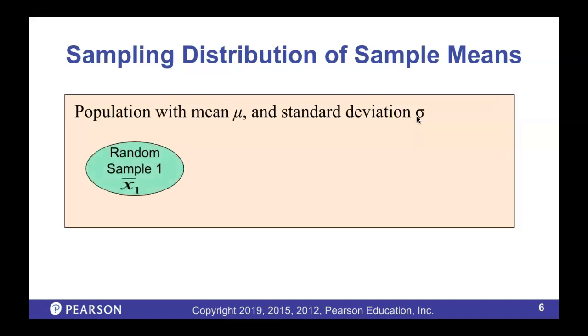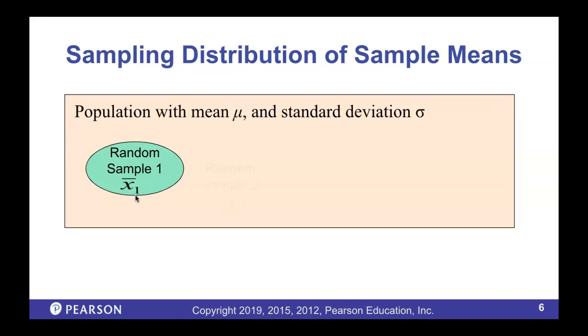And that little random sample 1 has one X bar, okay? And that X bar means sample average. If I get about 25 students from NOVA, that's a sample of all NOVA students, right? I can find their average. That average is going to be called X bar, and that little subscript 1 just means that is the sample average from random sample number 1.